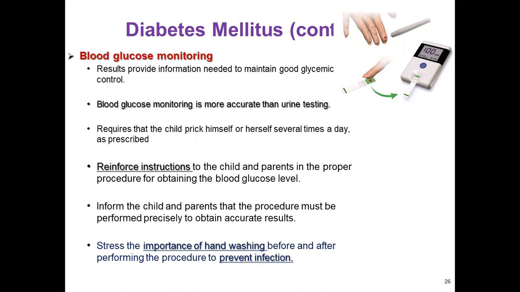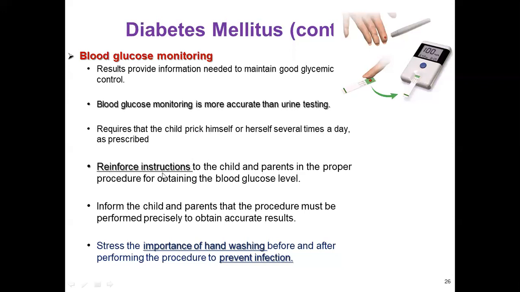Blood glucose monitoring is more accurate than urine testing. So we can get the blood sugar or urine sugar level, but blood sugar is more accurate than urine sugar, and it requires that the child prick himself or herself several times a day or as prescribed.